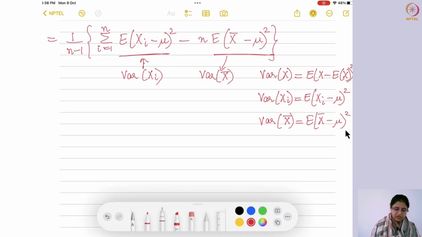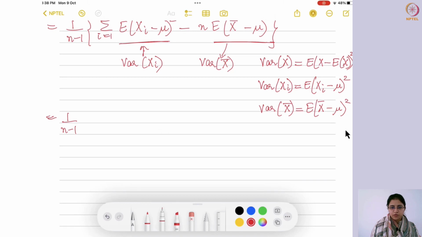So now we can continue with this 1 over n minus 1. Here you have summation i from 1 to n variance of xi's. Each of the xi's has variance sigma square, so it will be n times sigma square, minus n times variance of x bar. In the second step we have obtained that variance of x bar would be sigma square by n.